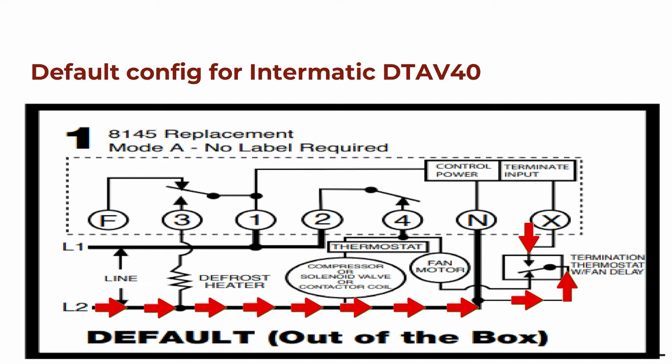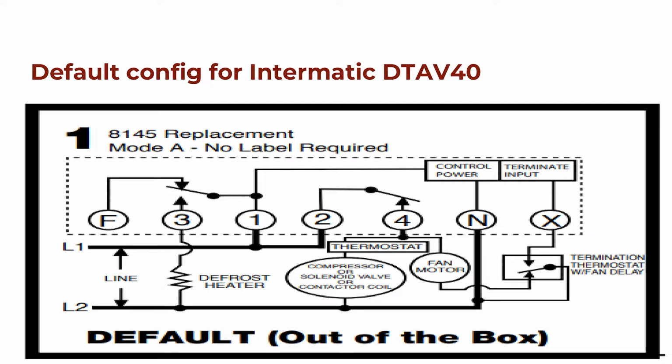If that thermostat reaches its set point for early termination, so it should be sensing that the heating element or that evaporator coil has reached a heating temperature threshold, power will be sent to terminal X to initiate an early termination relay on our controller. When that happens, that will return the contacts to their normal positions for the compressor and allow power to be run back to the compressor.